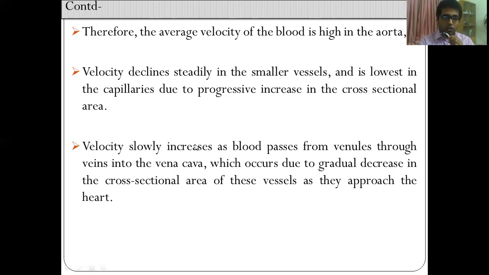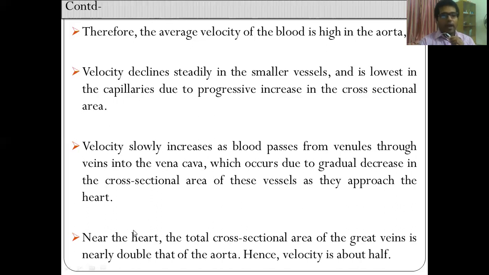Again, the velocity slowly increases as blood passes from venule through the vein into the vena cava, which occurs due to gradual decrease in cross-sectional area of these vessels as they approach the heart. I have just explained this. And near the heart, the total cross-sectional area of the great veins is nearly double that of the aorta. Hence, the velocity is about half. Is it clear? Okay.